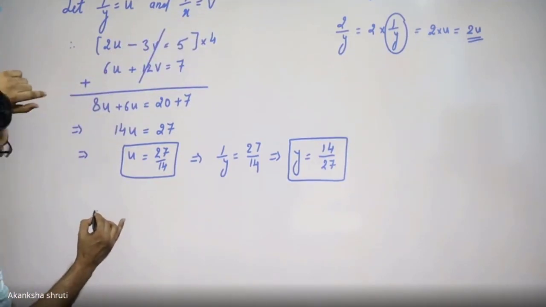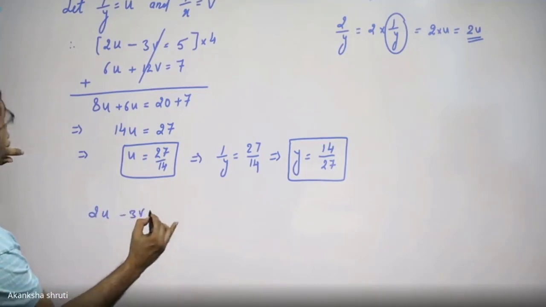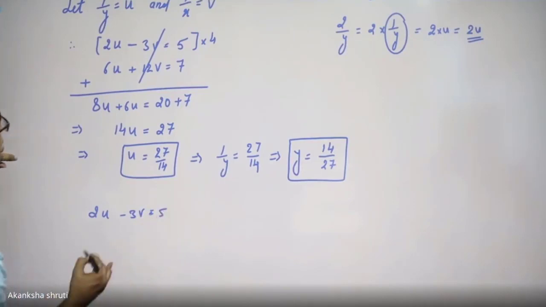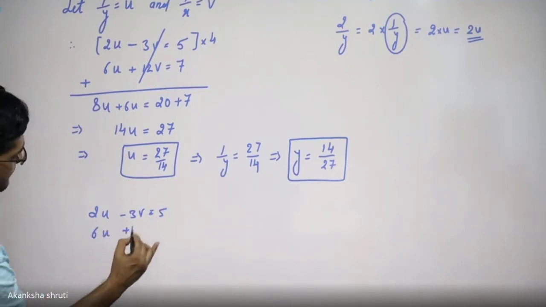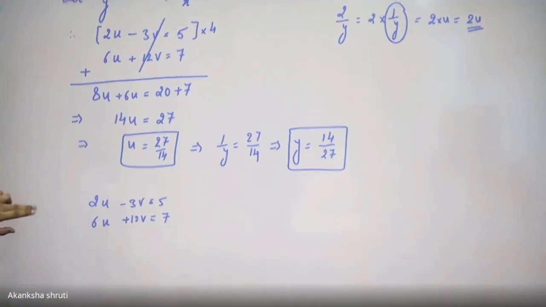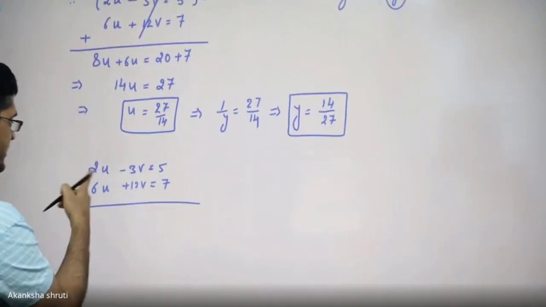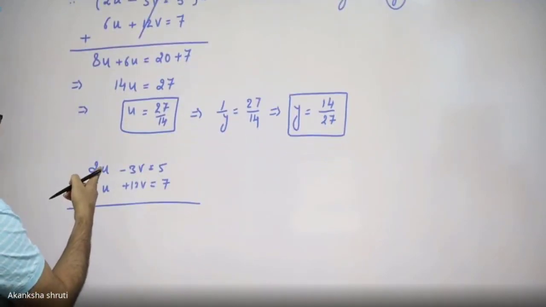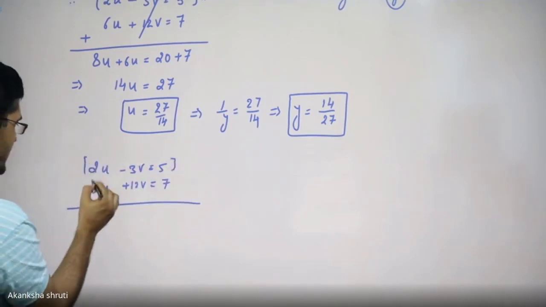Here we have 2u minus 3v is equals to 5 and 6u plus 12v is equals to 7. Now we want to calculate the v. Keep in mind, student, for that I need to eliminate this u. We need to make their coefficients equal.